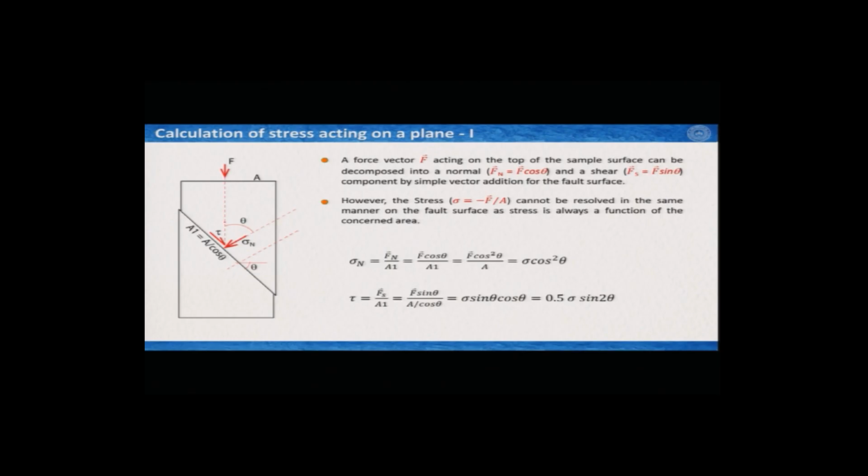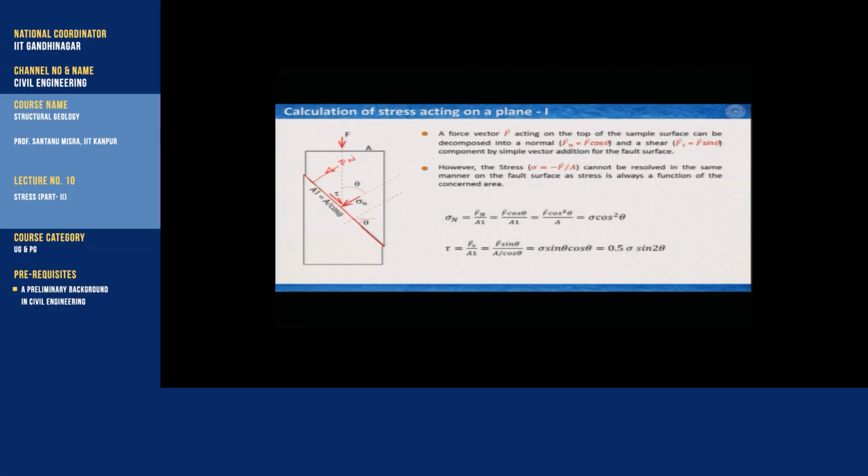And as we have understood from the force descriptions of this course, if this is a force being applied on this surface, then I can resolve this force on this surface very easily. Say if I have this force acting on this, then normal to this would be your normal force, that is your Fn, and then parallel to this surface, that would be your Fs.